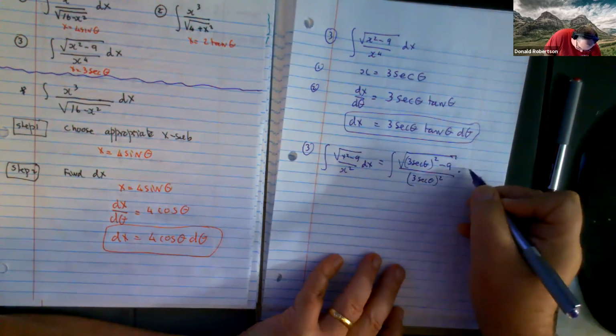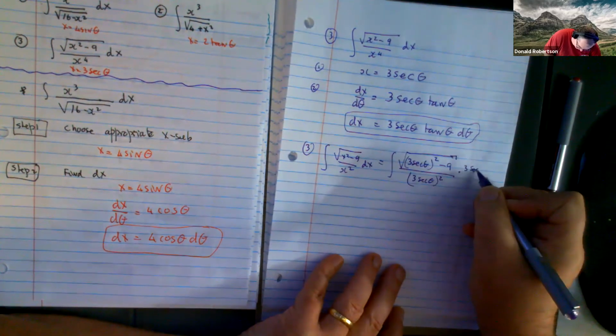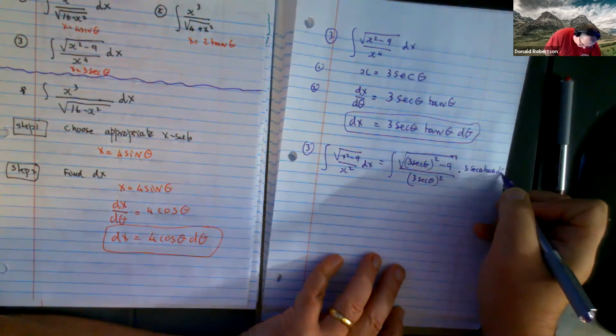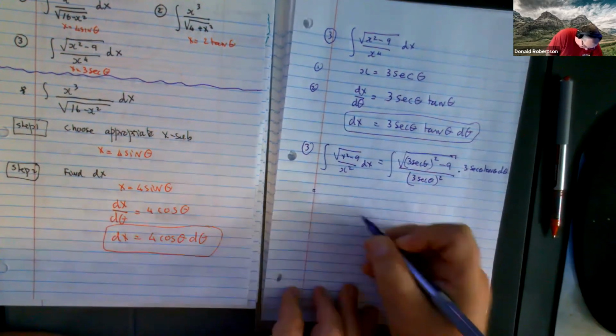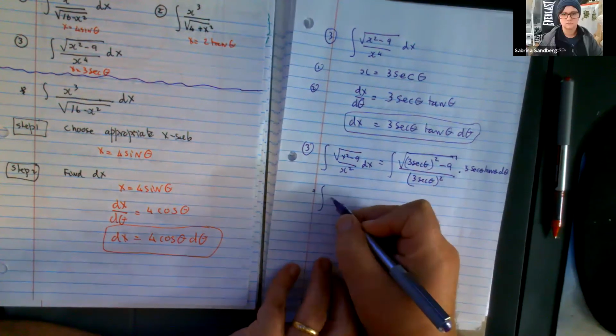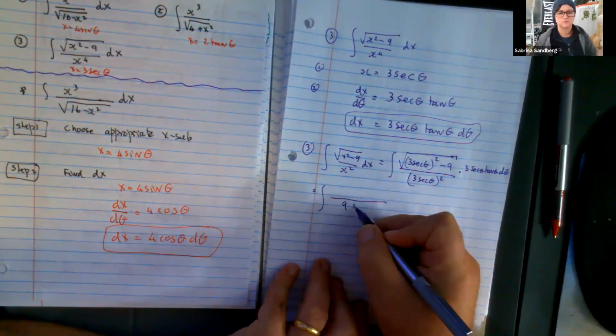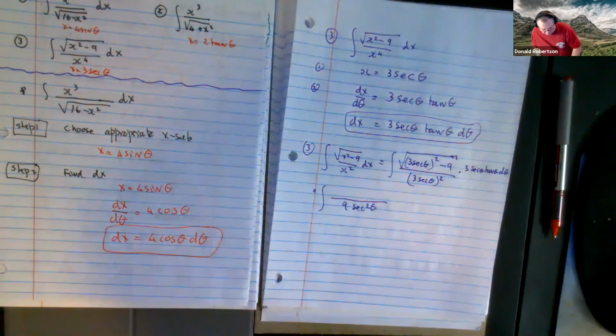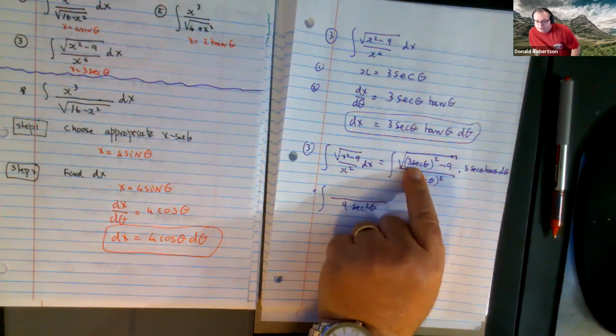And dx is going to be 3 secant theta tan theta d theta. Right, the bottom guy is going to be 9 secant squared theta. Would you agree that's going to be 9 secant squared theta take away 9?